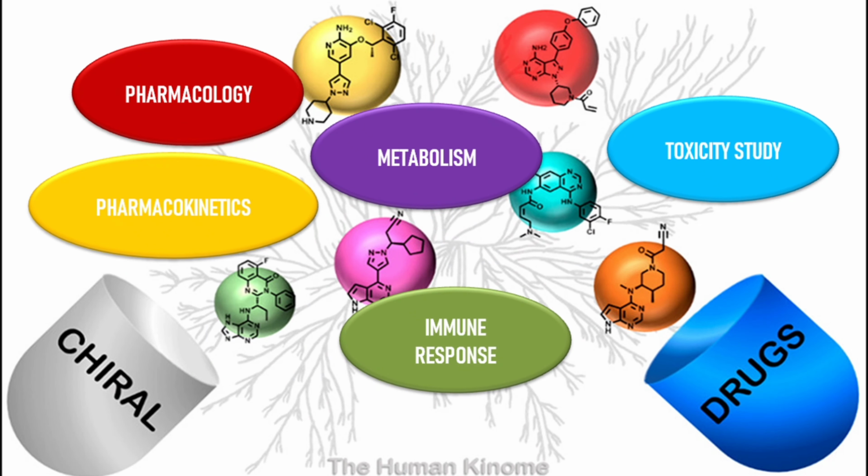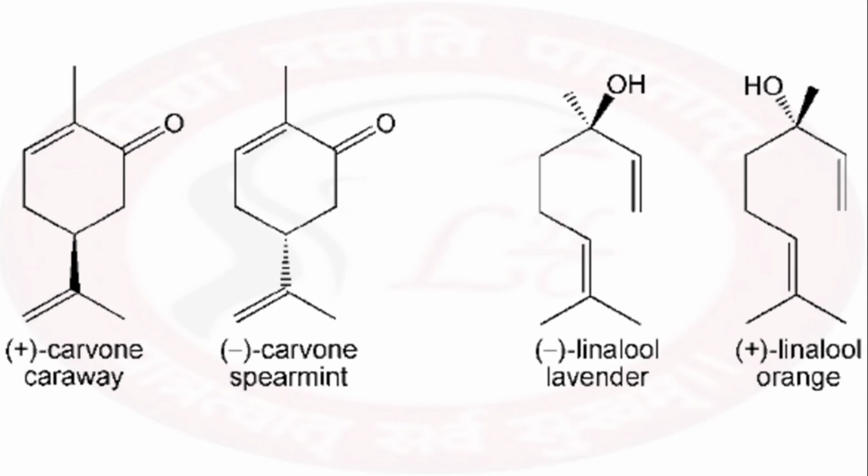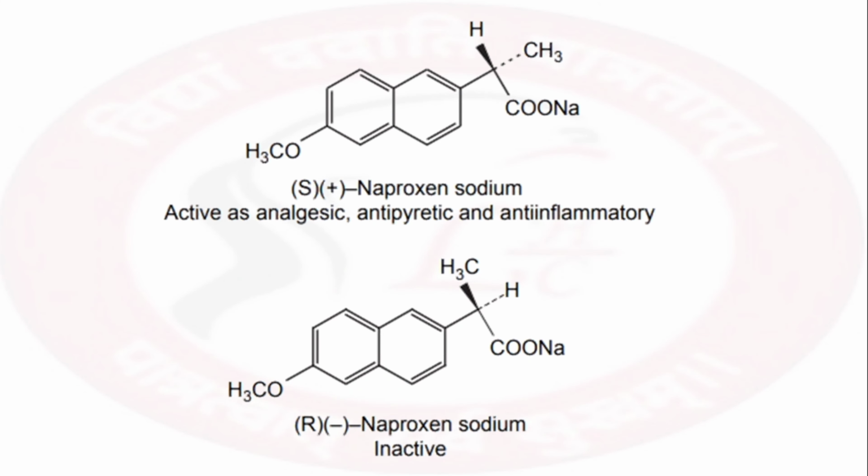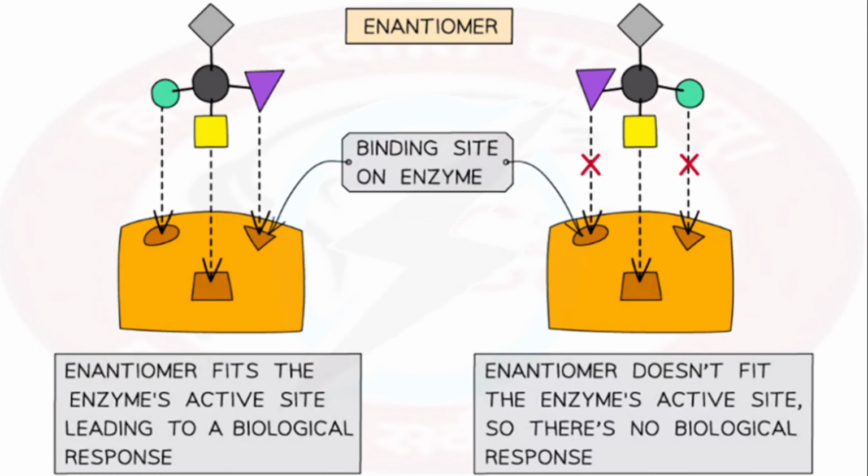So these differences in interactions in turn lead to the differences in biological activities of other enantiomers for their pharmacological activity, pharmacokinetics, metabolism, toxicity, immune response, interaction with the cell at the barrier layers, etc. Surprisingly, biological systems can recognize the two enantiomers as two very different substances because of the highly stereospecific nature of our body and the cells.